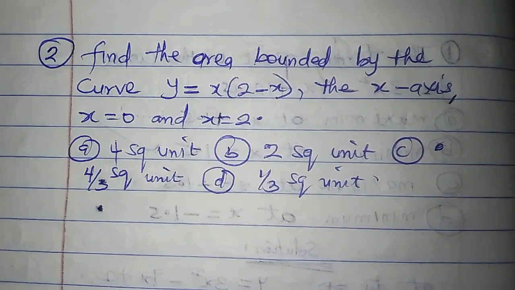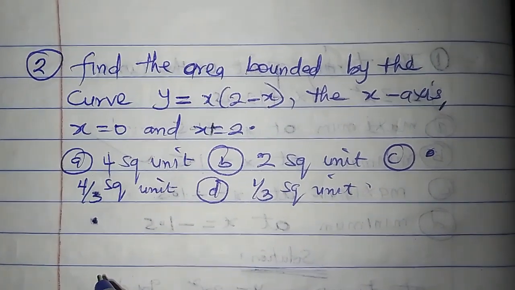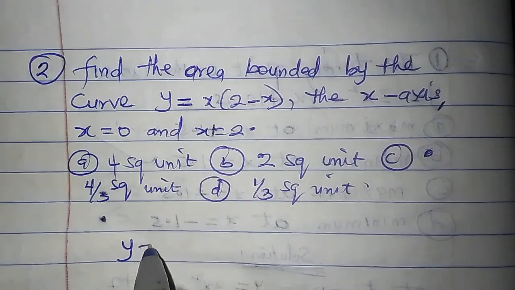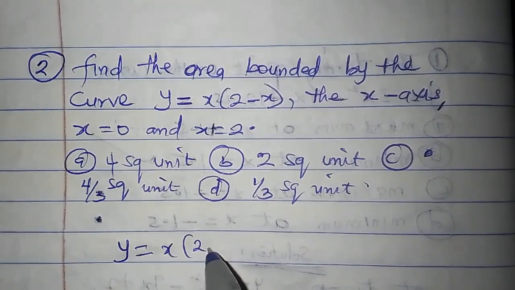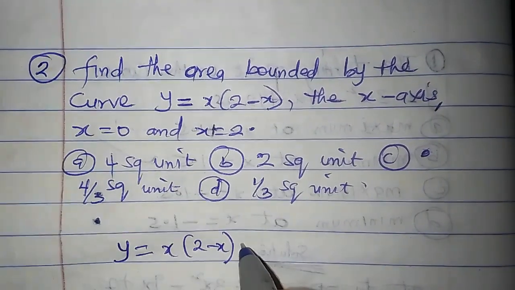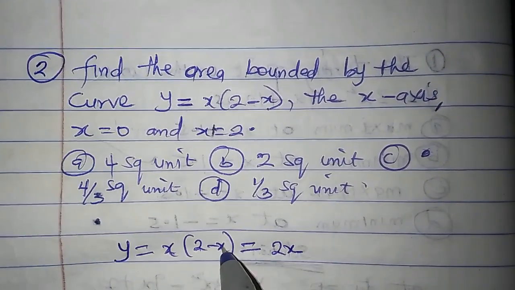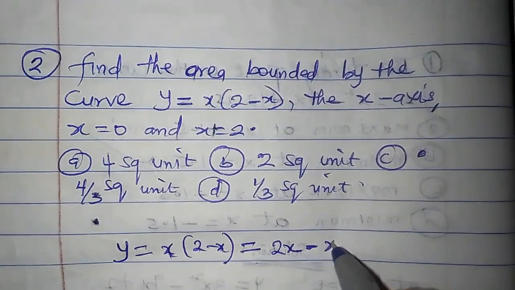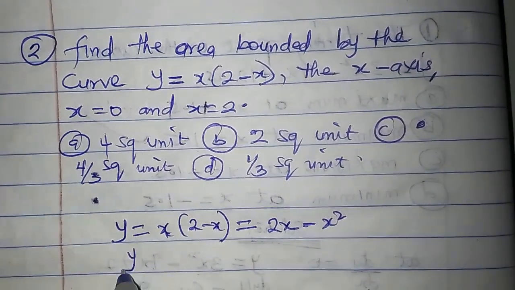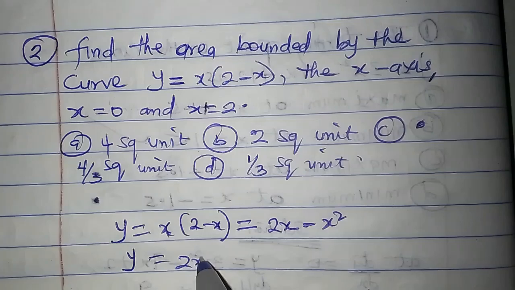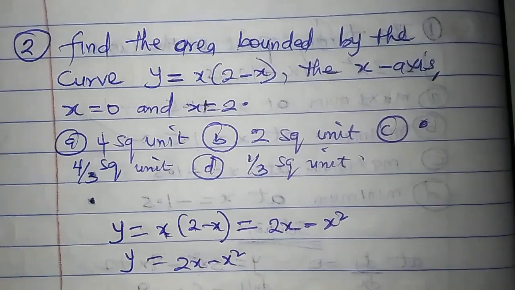Alright, so this is how to solve. We are given the function y is equal to x, in bracket 2 minus x, which I want to expand to get 2 times x, 2x, minus x times x, minus x squared. So y is equal to 2x minus x squared. This is the function.